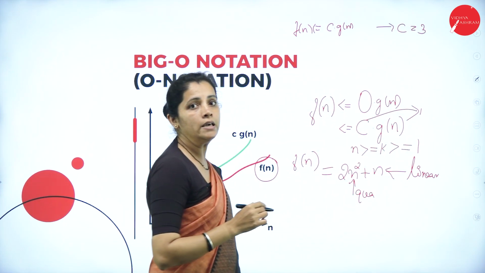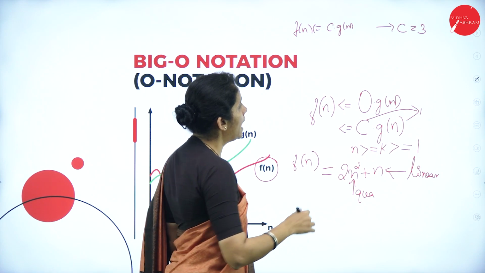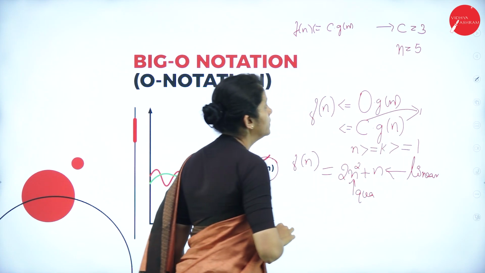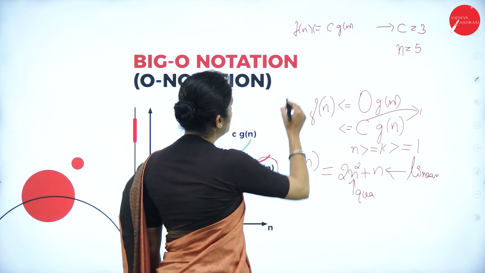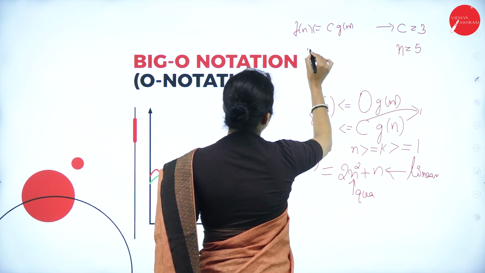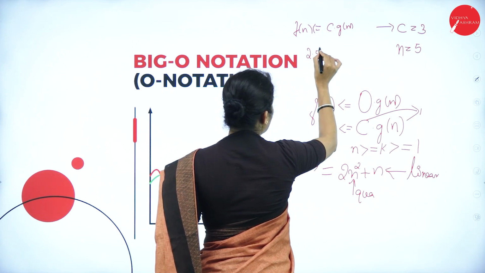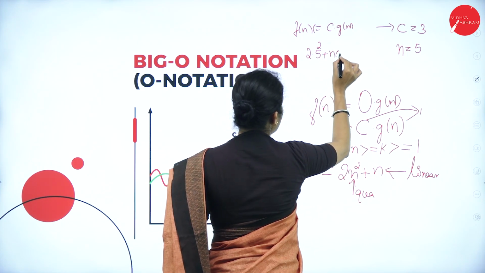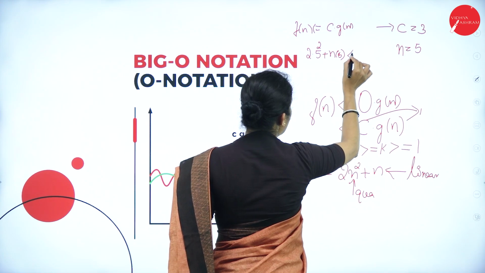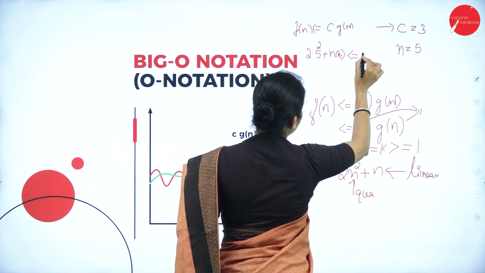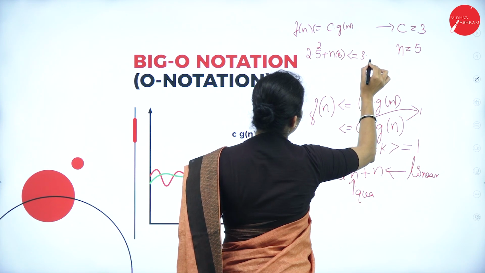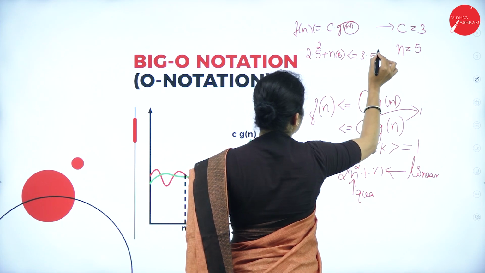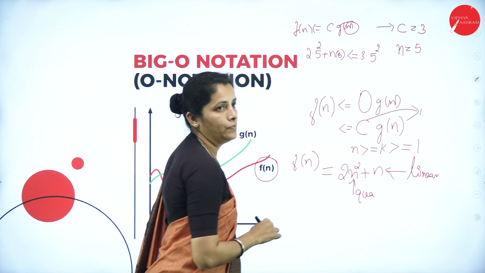So c equal to 3, and randomly I'll take the value n equal to 5. Now let me substitute the values: 2 into 5 square plus 5, which is less than or equal to c, that is 3, into, instead of writing n, I'll make it n square, so 5 square.